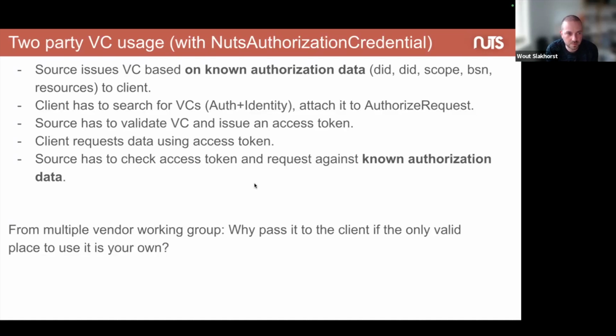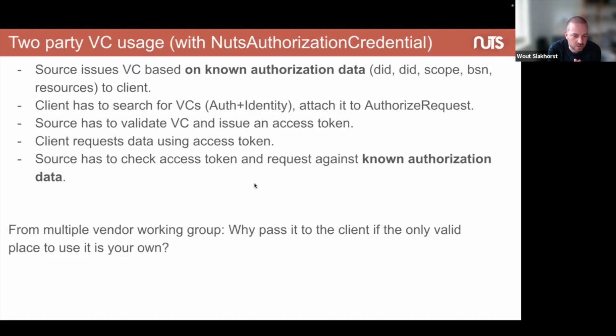So if you look, for example, at the e-overdracht, you already know which specific FHIR resources may be accessed by the other side. And you do this based on two DRDs, a scope, it might be a citizen service number, and some resources.